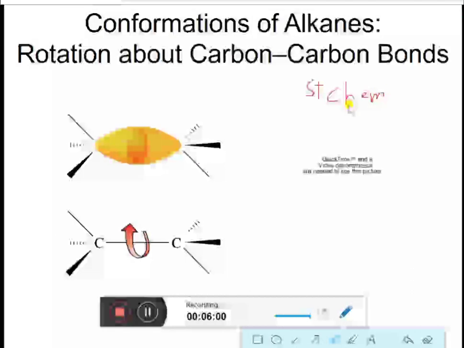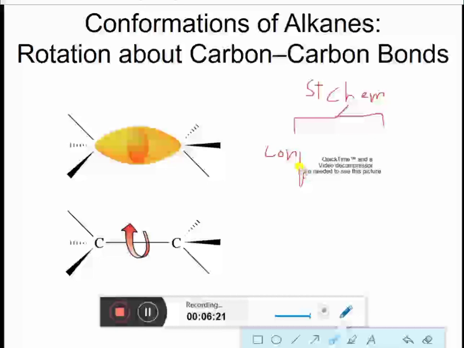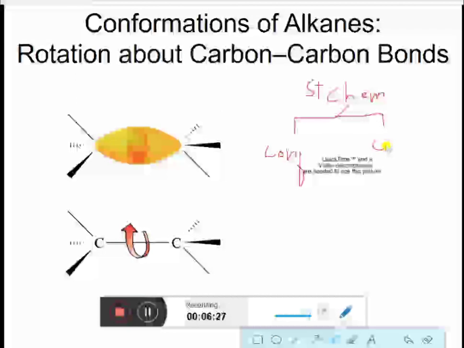Sorry, I'm not quite feeling comfortable using this software. So we have discussed the two subtypes of stereochemistry: one was configuration and the other was conformation.